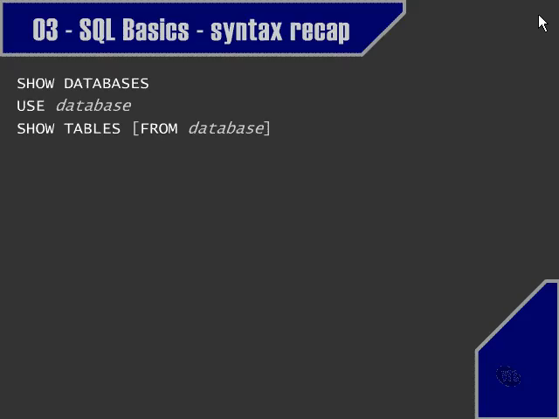We can use the show tables command to produce a list of tables from a particular database if we specify it, otherwise from the default database we selected using use. We can also use the show columns from statement to give us information about a table and the columns that constitute it.